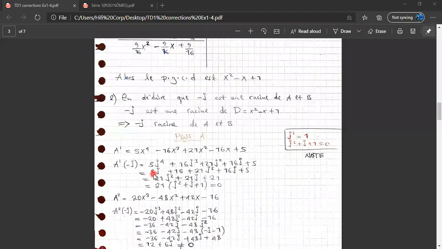Oh, okay. I just didn't get that explanation. I also have a question. Yes. On the first differentiation, we have 5x to the power 4 minus 16x to the power 3. When replacing x with negative j, yeah, negative. We are replacing it.